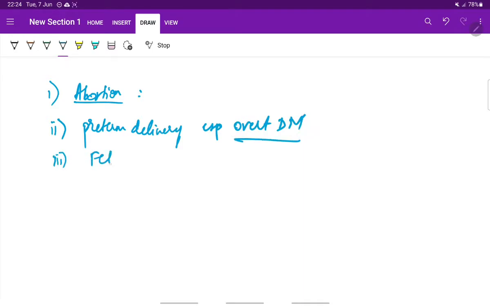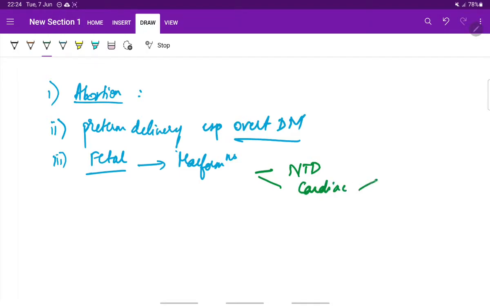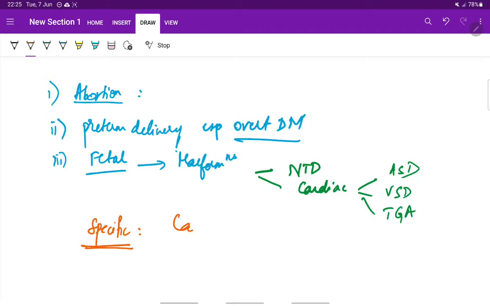Next, coming to the fetal factors, in the fetus there can be malformations which include neural tube defects, cardiac anomalies like atrial septal defect, ventricular septal defect and transposition of great arteries, and a specific anomaly to gestational diabetes mellitus is caudal regression.